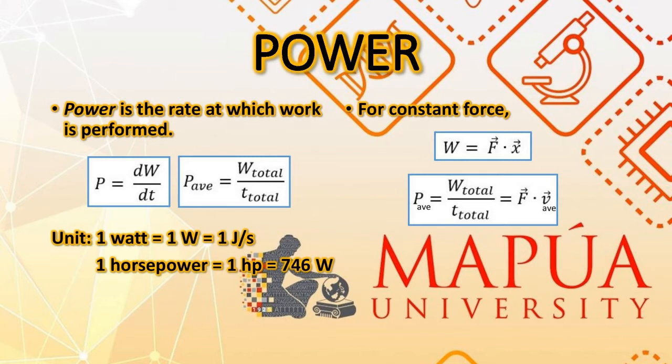Work is F dotted with x, so F dotted with x divided by time will give you force dotted with average velocity. So we have two equations for constant force: average power is total work done divided by total time, which is equal to force dotted with average velocity.